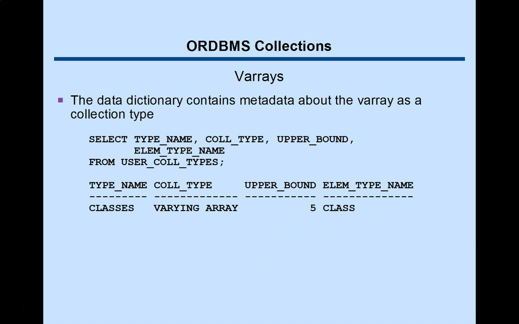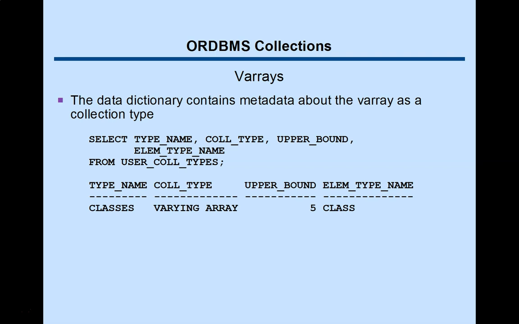If we examine user collection types, we can find out more information about the VArray. Remember, we visited this same data dictionary view when we were examining some of the metadata associated with the nested table type. The information of interest to us for a VArray is a bit different.